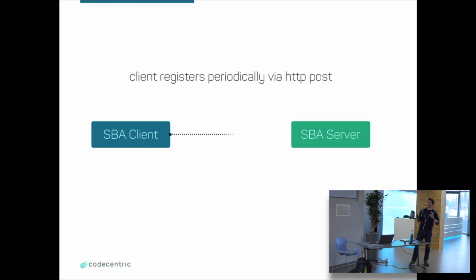It looks at the configuration of the application, like the host name, the port, configured context path, and tries to figure out where itself might be reachable for the Spring Boot admin server, and submits this information to the admin server. And in case the guessing is somewhat wrong, maybe because you have multiple different host names or a proxy in front, you can just customize this with a little bit of configuration.